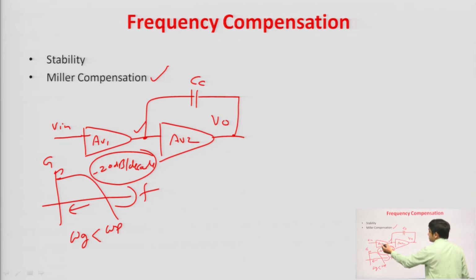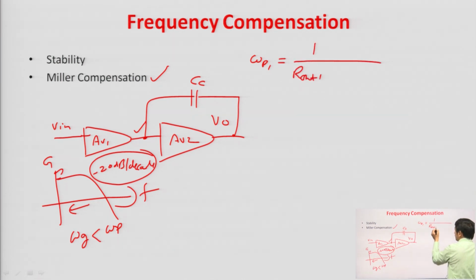Let us say the output resistance of the first stage is R out 1. So, the dominant pole that will occur at the output of the first stage will be equal to 1 upon R out 1, the output resistance of the first stage, multiplied by the total capacitance at node, let us say this node is A. The total capacitance will be equal to 1 plus A V 2, the gain of the second stage, into C c plus C a.